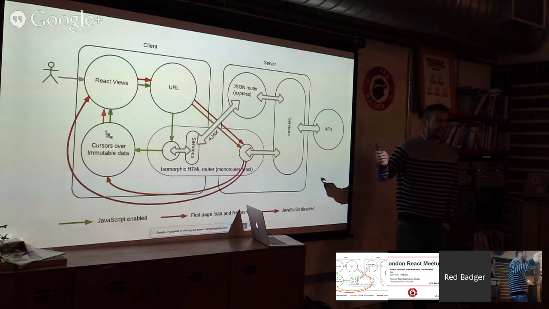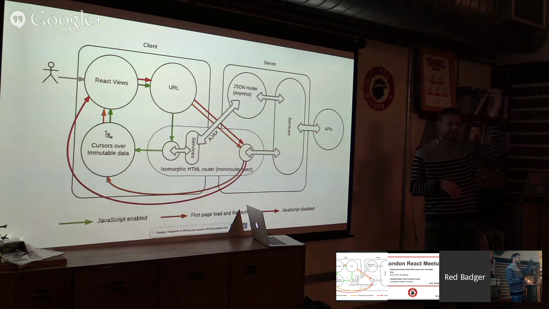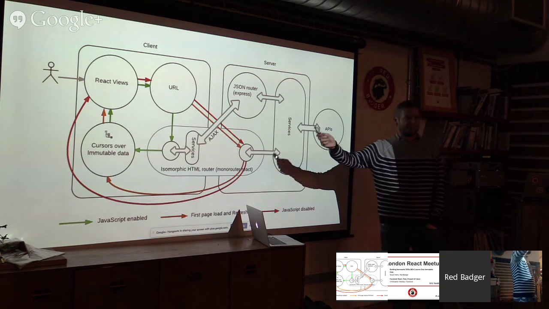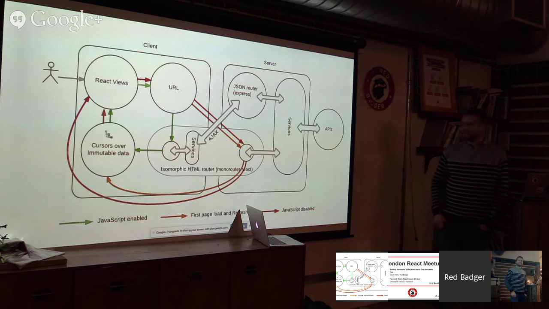We hold on to that reference, and then we just update the data through the cursor, and then that will trigger any change handlers. The top one will cause the re-render, and we go around in that circle. So this is kind of like that green circle. That's kind of like the flux circle in this concept.